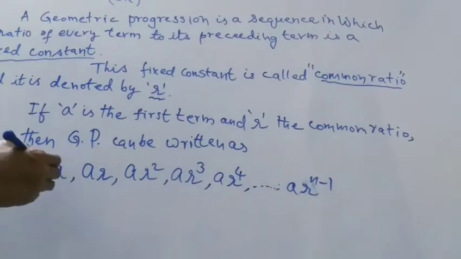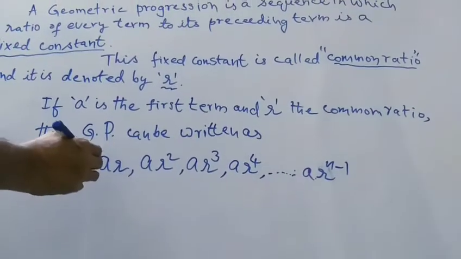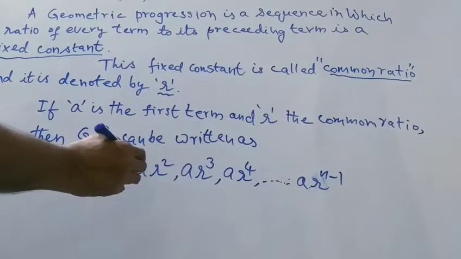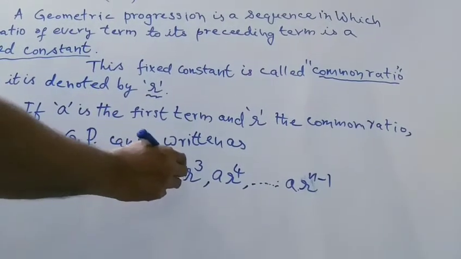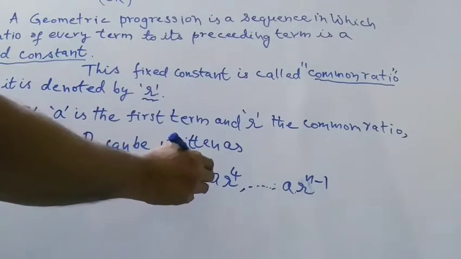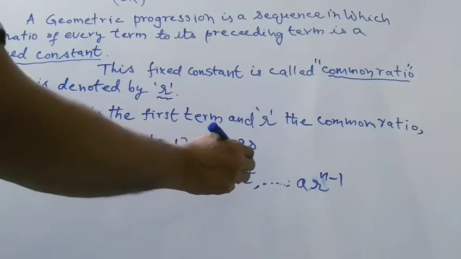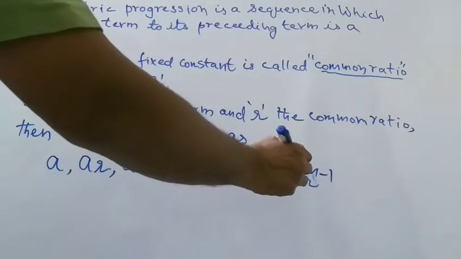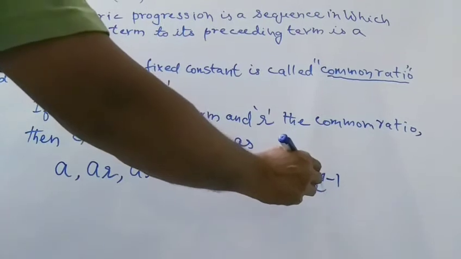Here a is the first term, ar is the second term, ar square is the third term, ar cube is the fourth term, ar to the power of 4 is the fifth term, and so on. Nth term is here a into r to the power of n minus 1.